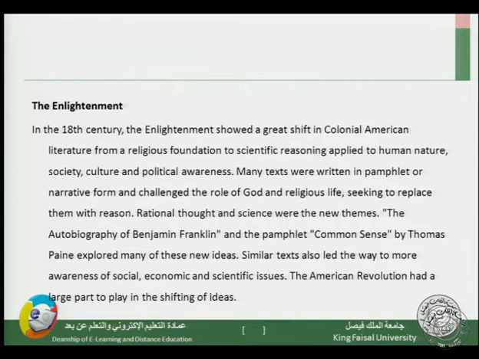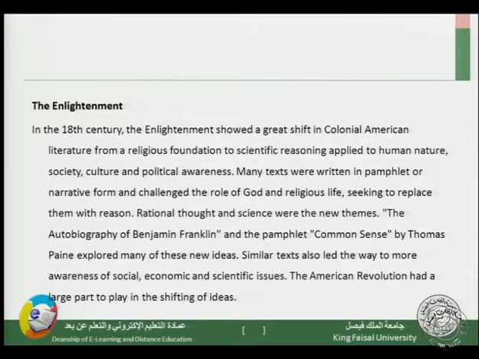Okay, judging on things, carrying out missions of the social, political, cultural life through rational thought and science. Okay, and of course these themes were new at that time, and from that time these themes started to be used.